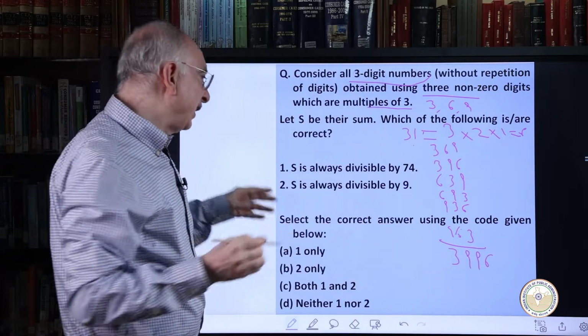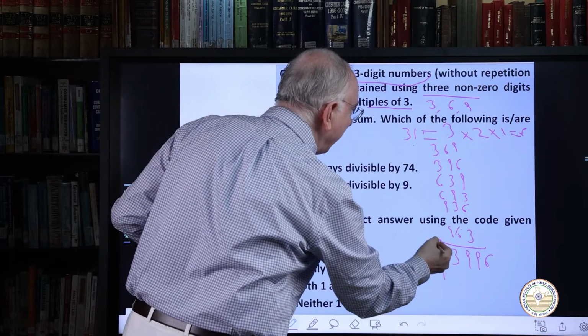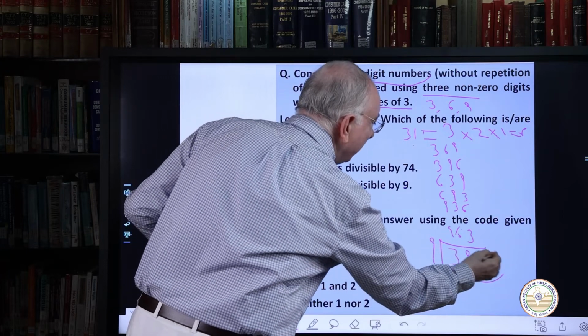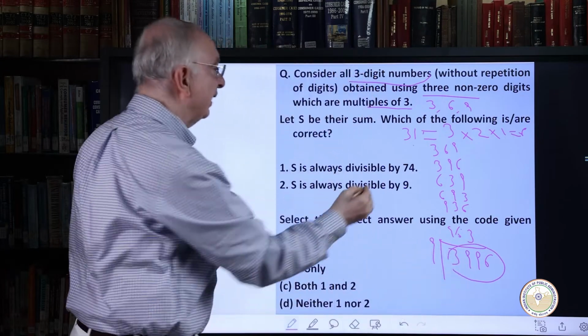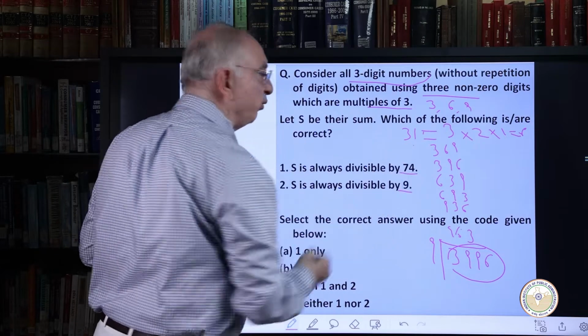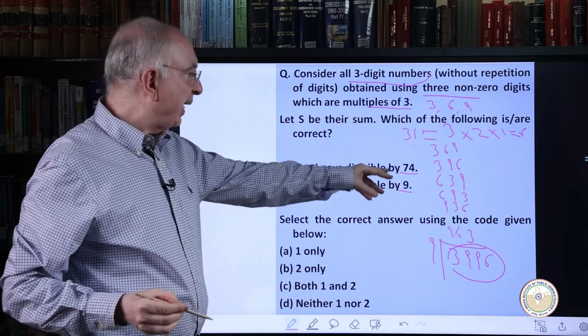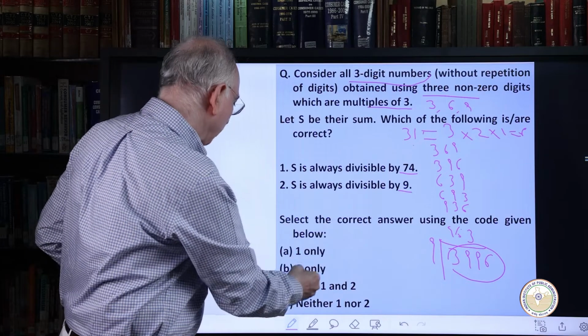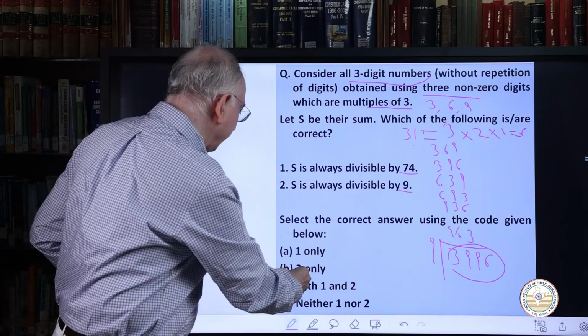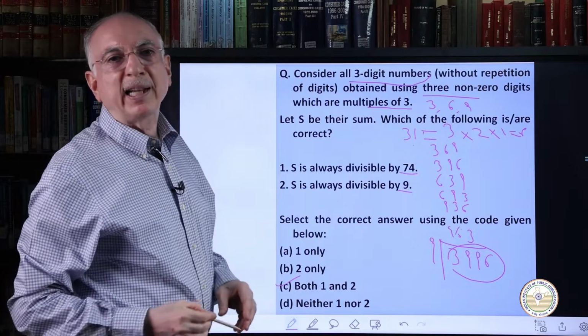And you have to test whether this is divisible by 9. So this number has a factor of both 9 and 74. This can be confirmed by individually dividing by these numbers, so both 1 and 2 are correct. Therefore, option C is the right answer.